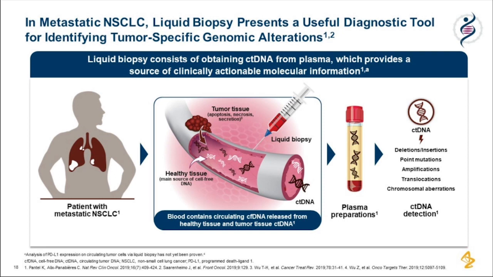The plasma is prepared, and then they can do circulating tumor DNA detection, which can detect most of the same alterations that we're looking at: deletions, insertions, point mutations, amplifications, translocations, and of course chromosomal aberrations.